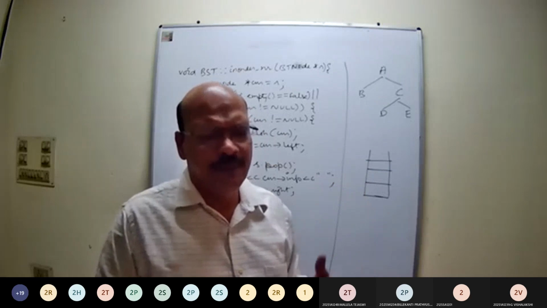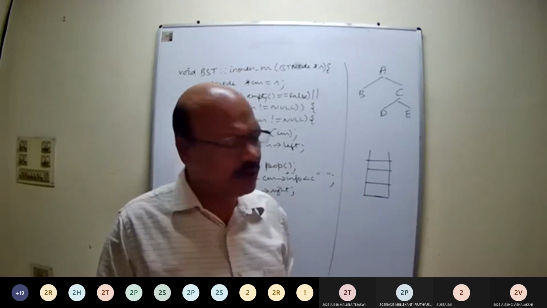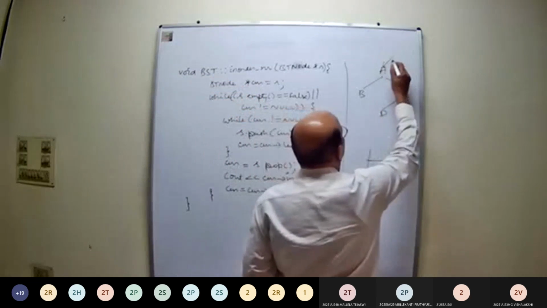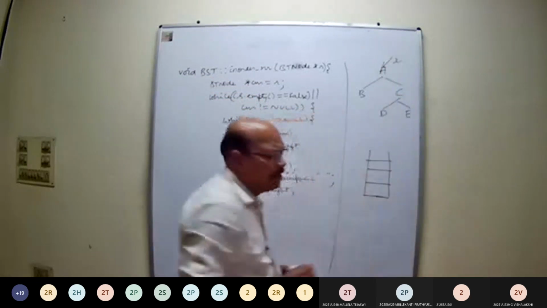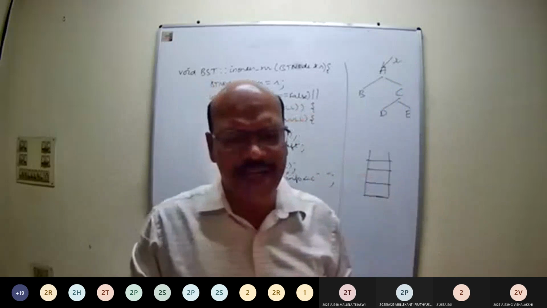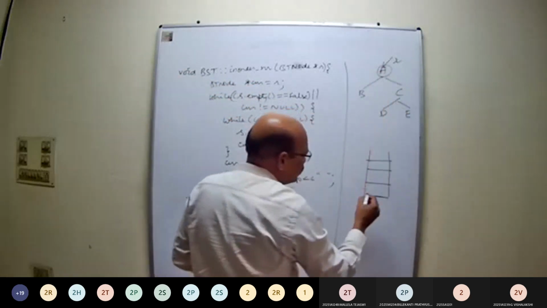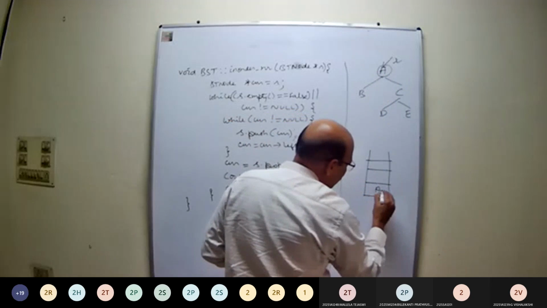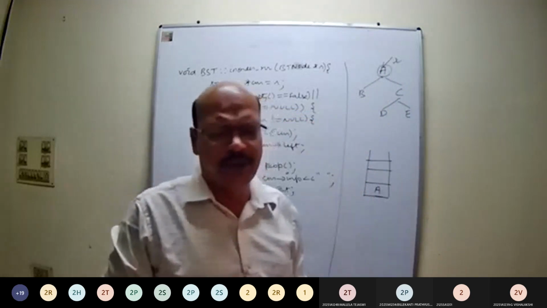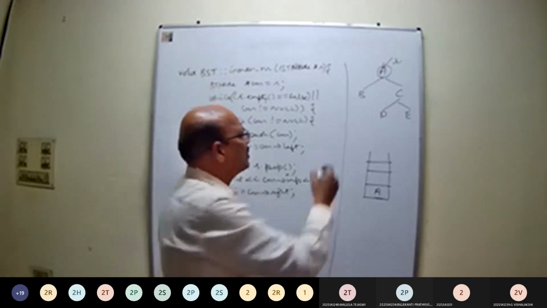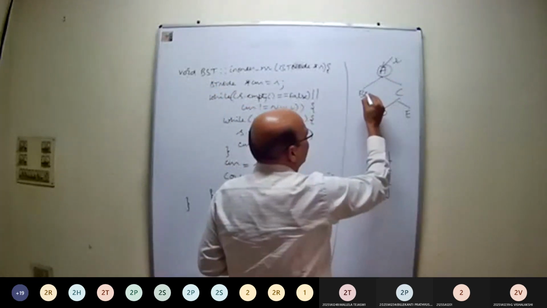So non-recursive binary tree traversal. In-order non-recursive binary tree traversal. So take a temporary pointer, make it point to the root node. So what we have to do is push this node. Whatever node your temporary pointer is pointing to, you push the node onto the stack, and then check whether this node has a left child.